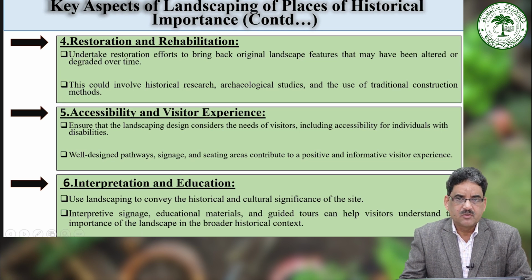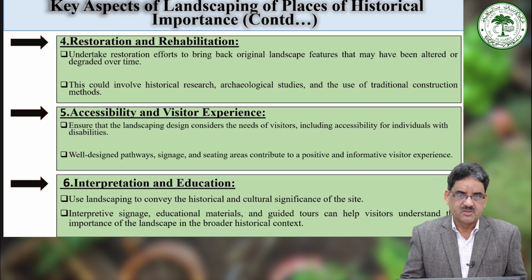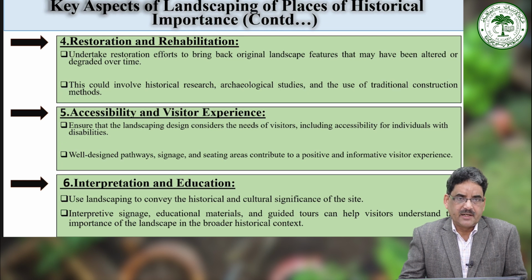In continuation to the landscaping of places of historical importance from yesterday, where we have already discussed the three main aspects of landscaping of historical importance, we will continue from the fourth one, that is restoration and rehabilitation, which means bringing back original landscape features that may have degraded over time.